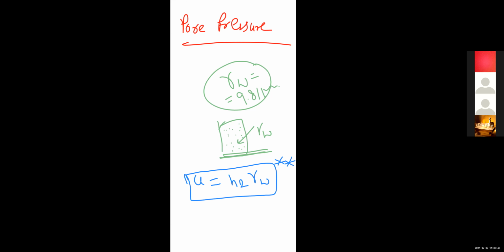Pore water pressure is also called neutral stress. Why is it called neutral stress?